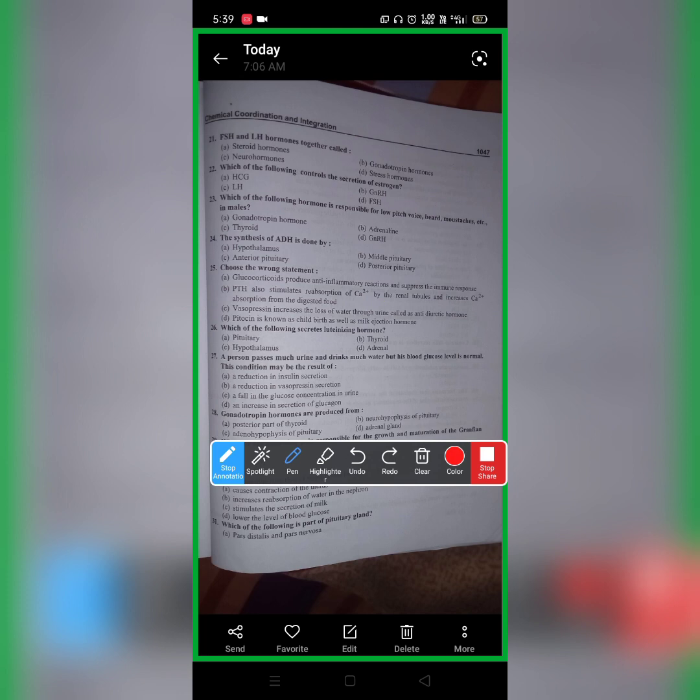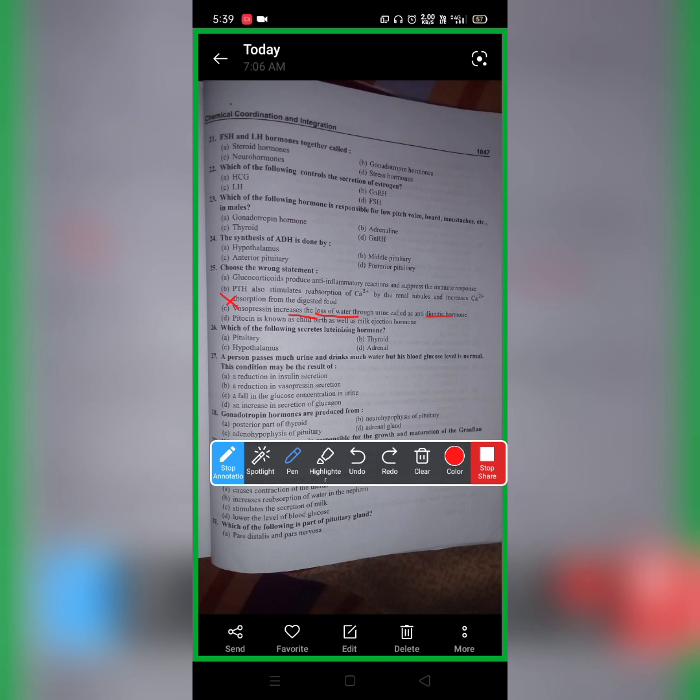The third option says vasopressin increases the water loss through the urine. Vasopressin is called the antidiuretic hormone, so the third option is wrong. As I told, the antidiuretic hormone lessens the urine output, increasing the reabsorption of water. Here they say it causes an increase in water loss, which is absolutely wrong.